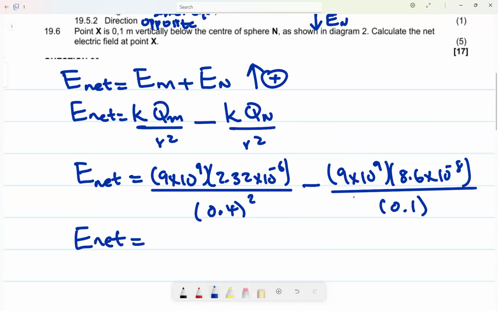Okay, let me repeat that. 9 times 10 to the power of 9 multiplied by 2.32 times 10 to the power of negative 6, then divided by 0.4 squared, minus 9 times 10 to the power of 9 multiplied by 8.6 times 10 to the power of negative 8 divided by 0.1 squared. Okay, squared.